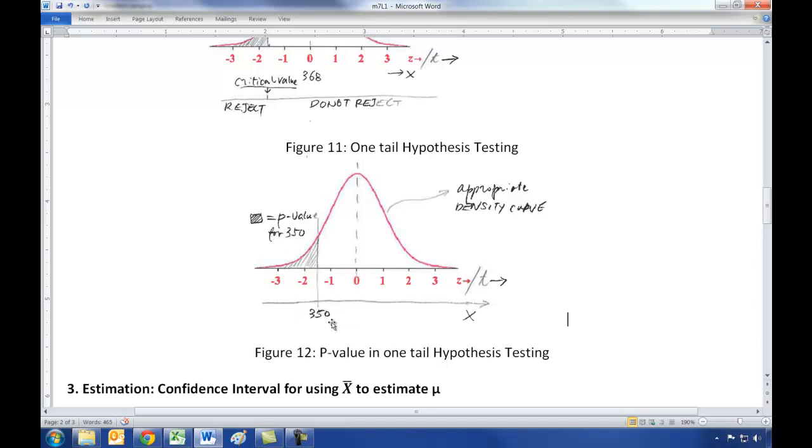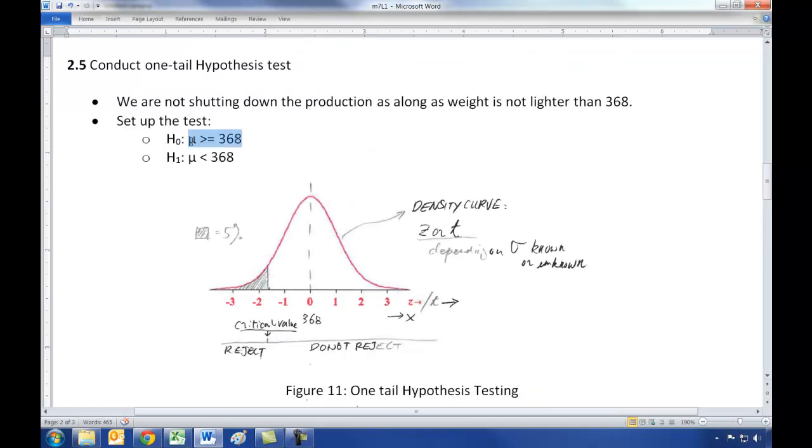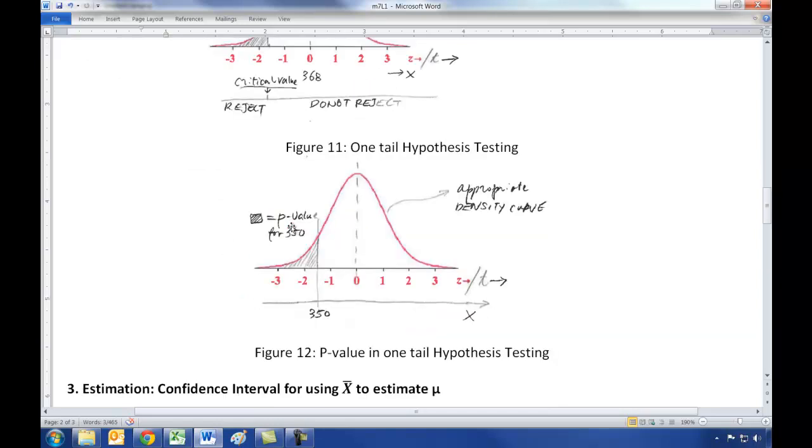So in this case, if you make a measurement and you come up with 350 grams, then because this is a one-tailed hypothesis, the values that are more extreme than 350 are those boxes that weigh less than 350 grams. So in this case, it becomes again one-tailed. The p-value for the observation of 350 grams is represented by this shaded area.